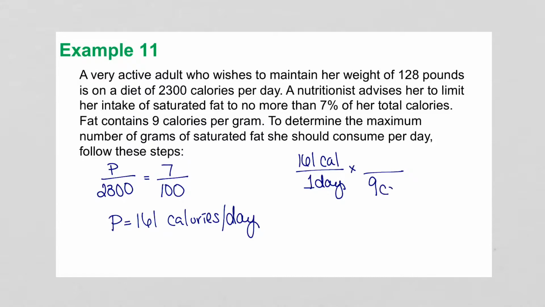So 9 calories will go on the bottom, 1 gram on top. 161 divided by 9 is 17.88 grams per day. And because this represents the maximum intake of saturated fat, we'd round down to 17 grams per day.